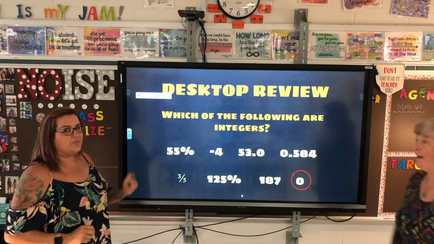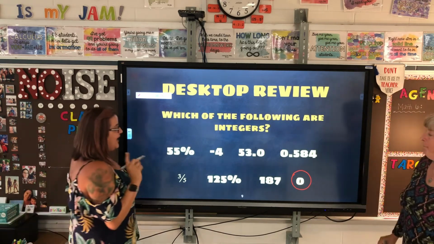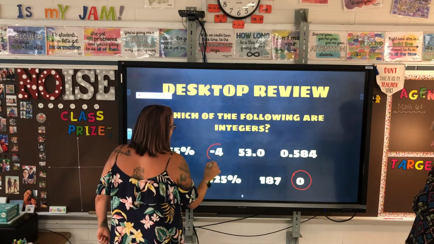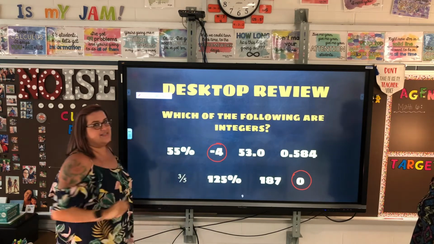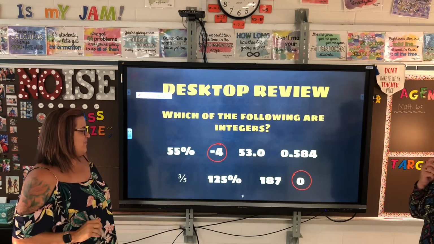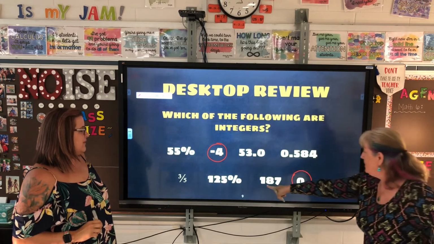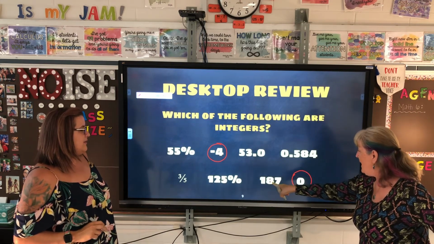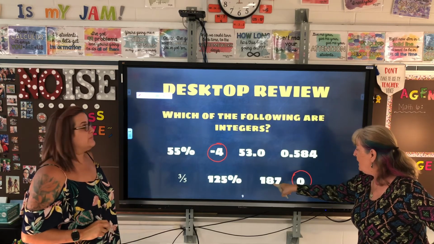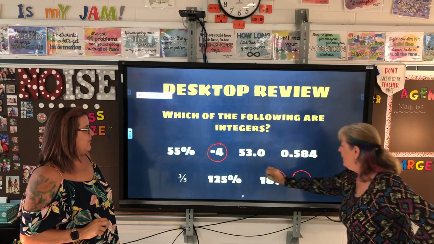Did I get it right? Integer. You're good. Okay. I'm gonna go to the left and go negative 4 is an integer. Now I'm looking at everything else. Oh wait, right next to the 0 is this really big number, 187. That is an integer.